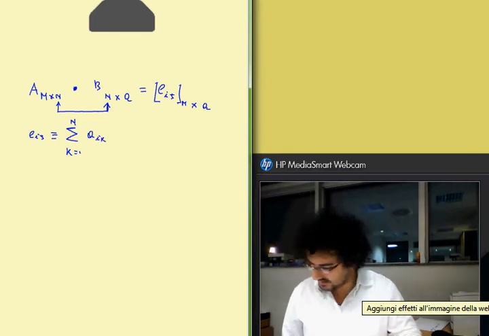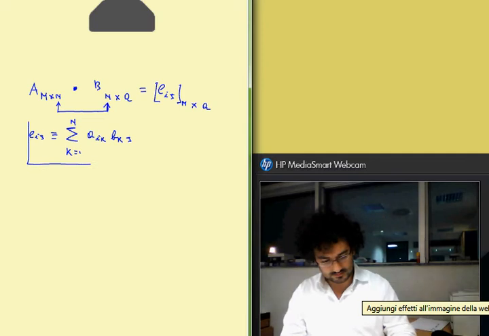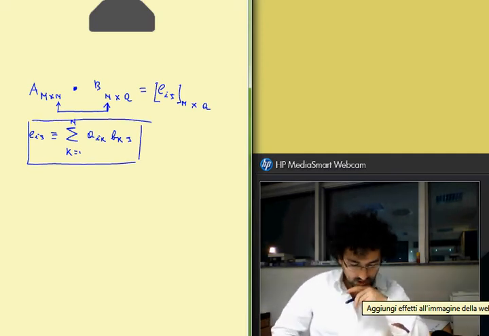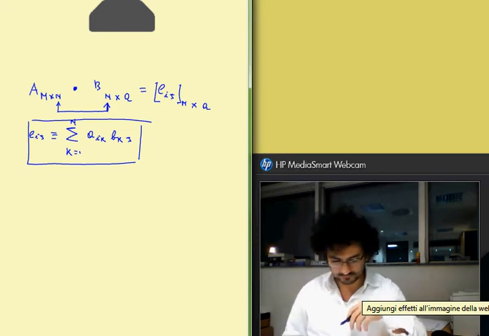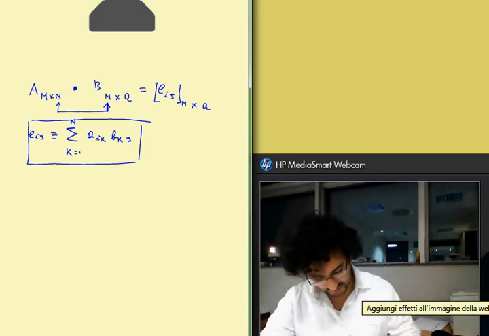So we have to do the sum of Aik, Bkj, and this represents each element of the product. In order to better understand this operation, let's consider two general matrices.